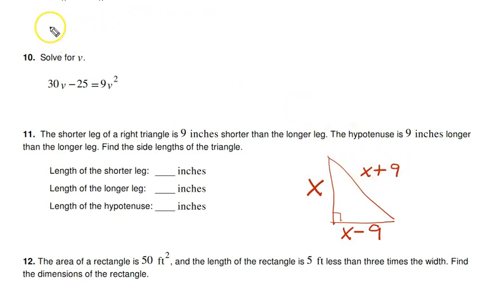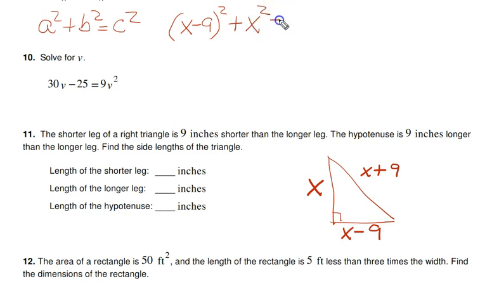Now you may recall the Pythagorean theorem is a squared plus b squared equals c squared. So we're going to have x minus 9, which is our a, which we're going to square, plus b squared, which is just x squared, equals c squared, which is x plus 9 squared.